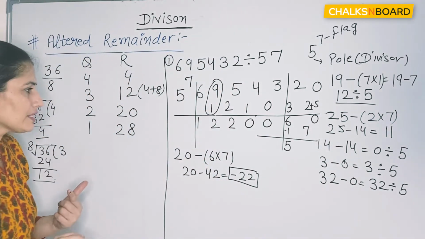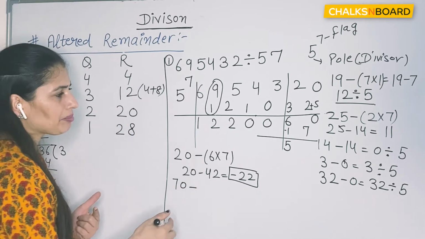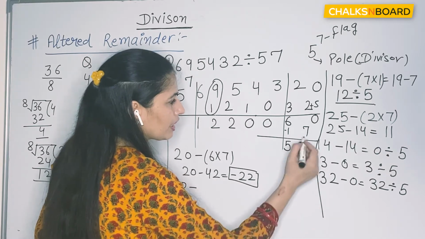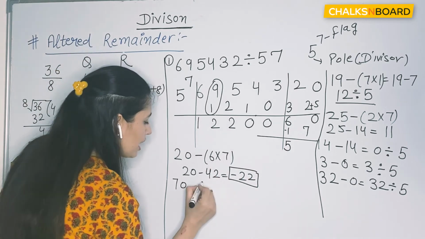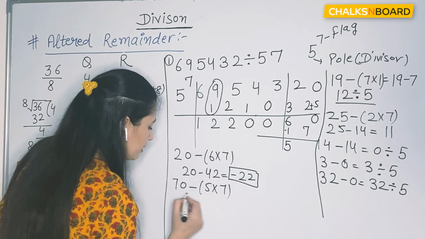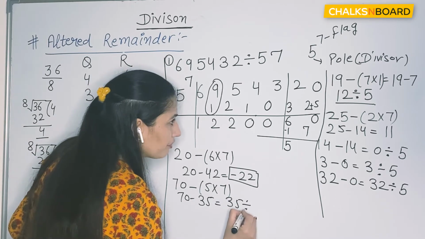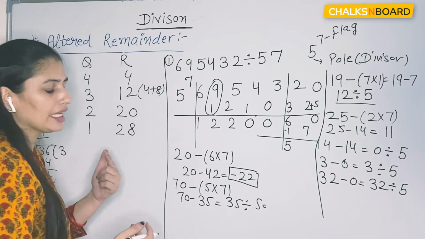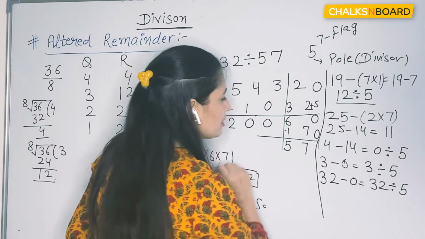So next number is 70 and the process will be the same. That means 70 minus multiplication of 5 and 7, that is previous quotient with flag, 35, and 35 divided by whole, which is 5. What is our quotient? That is 5 7s are 35 and remainder in the same way 0.